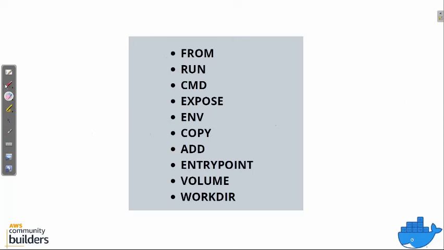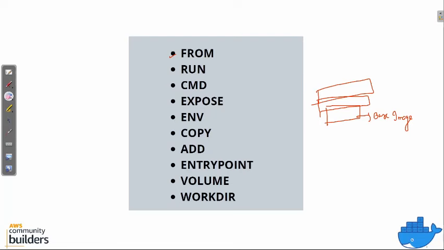Fine. So the first one is the FROM command. By the name only, what does it define? FROM means from somewhere. So basically FROM defines a base image. Every Dockerfile will have this FROM command, which defines a base image, a base layer on which we create another layer, or something will be formed upon this.